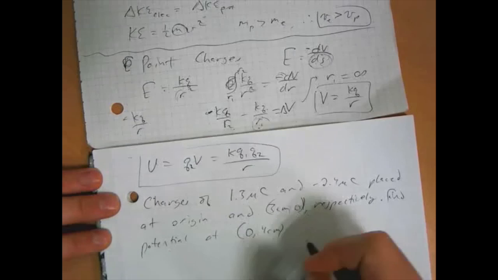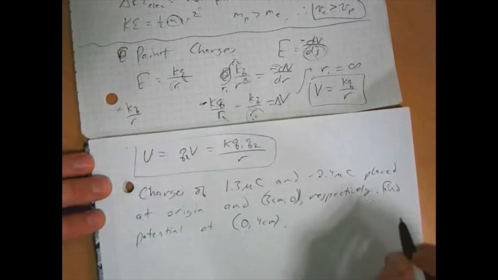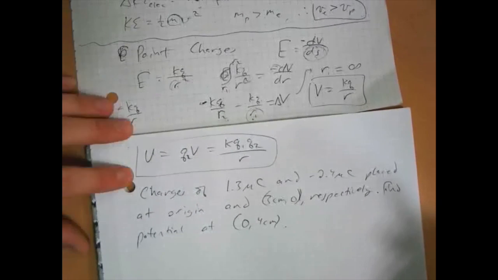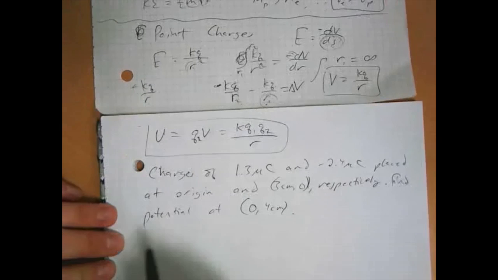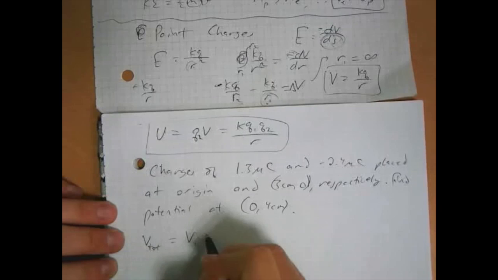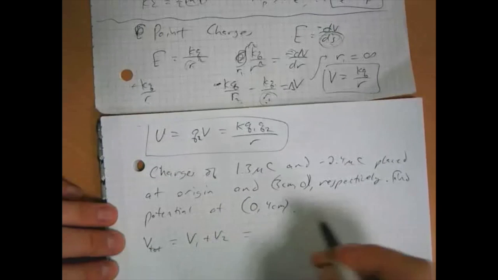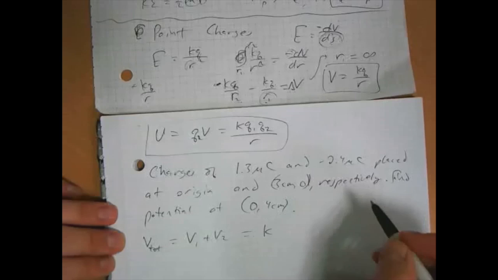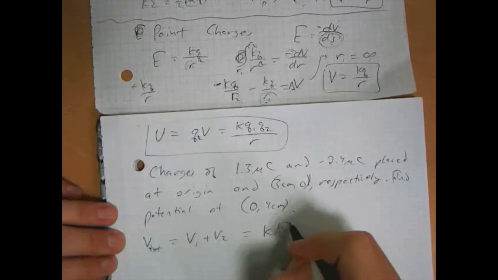Potentials add up, but they're not vectors. So the total potential is just the sum of the potentials, which is kq over r. So we've got k times 1.3 times 10 to the minus 6 over r.